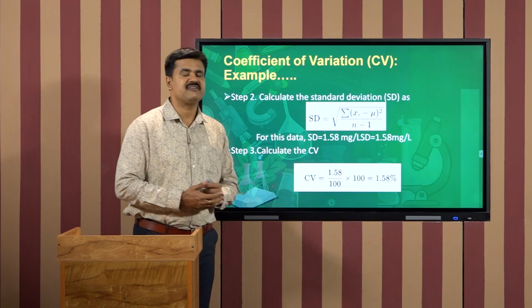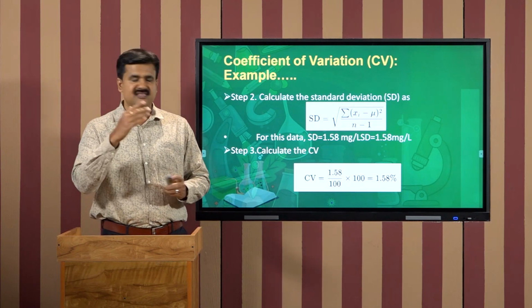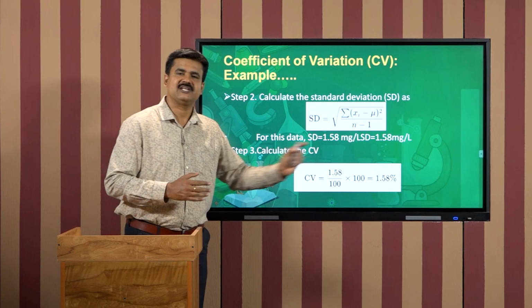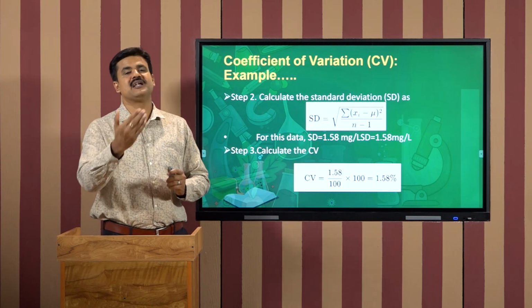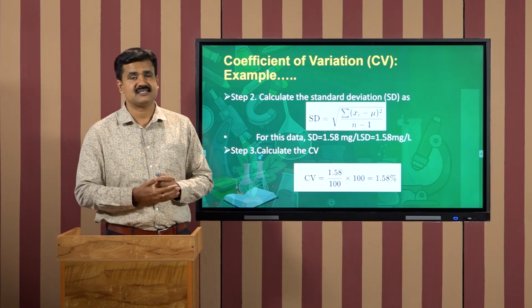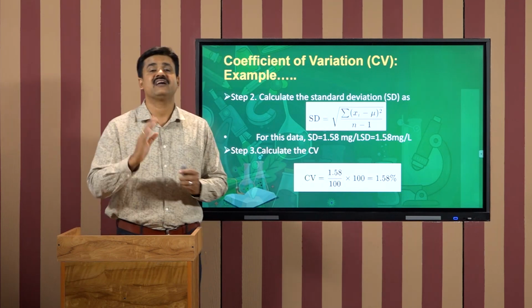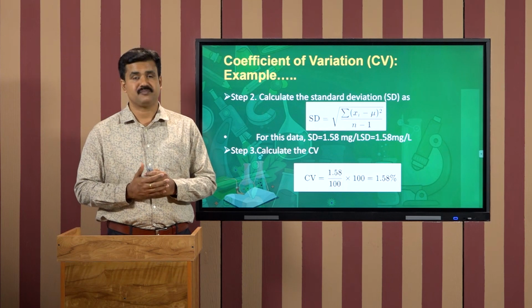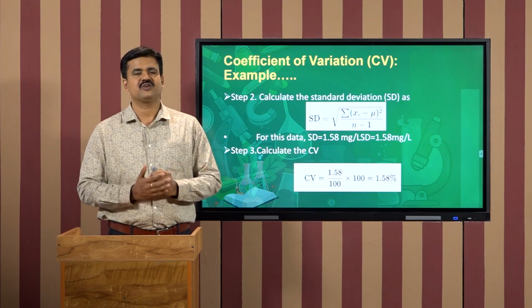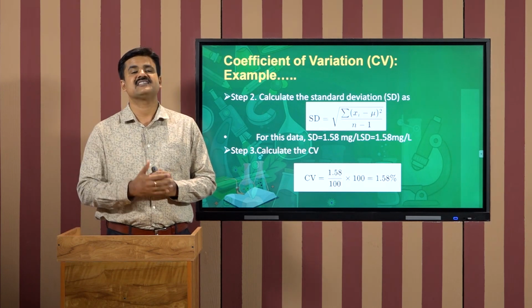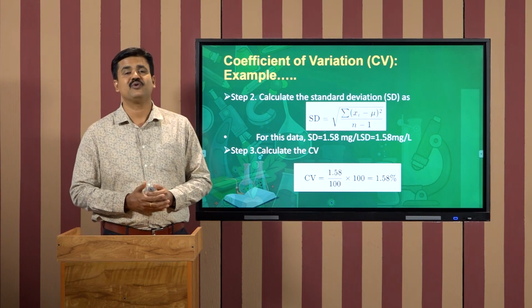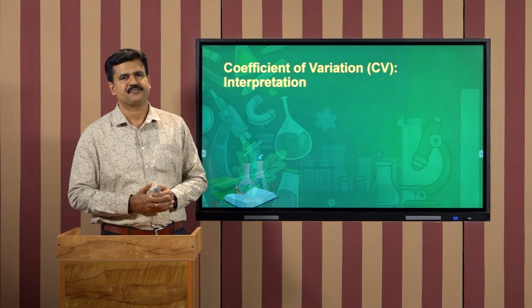So, 1.58 divided by 100, and this part represents relative standard deviation. You have to again multiply with 100 to get RSD percentage. RSD percentage equals CV. So, the 100 cancels and the final result is 1.58 percent. So, the coefficient of variation with the given set of data is equal to 1.58 percent.